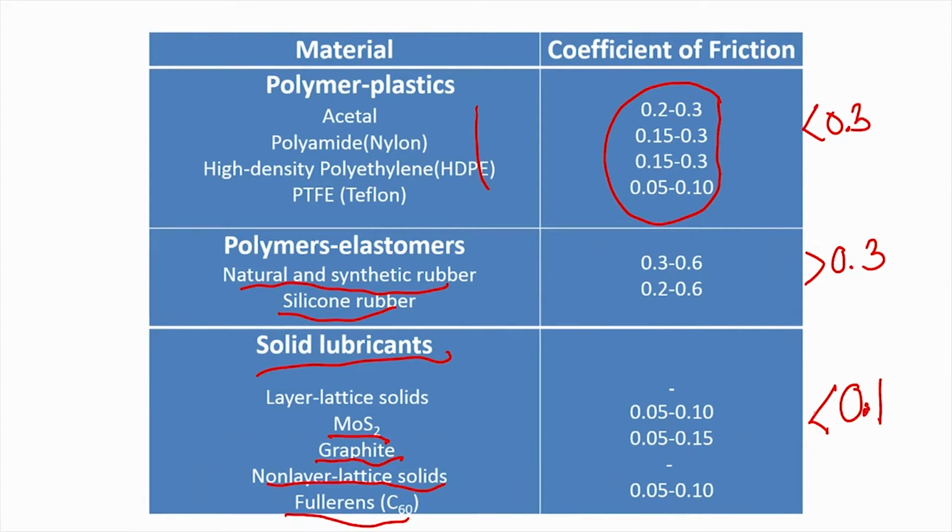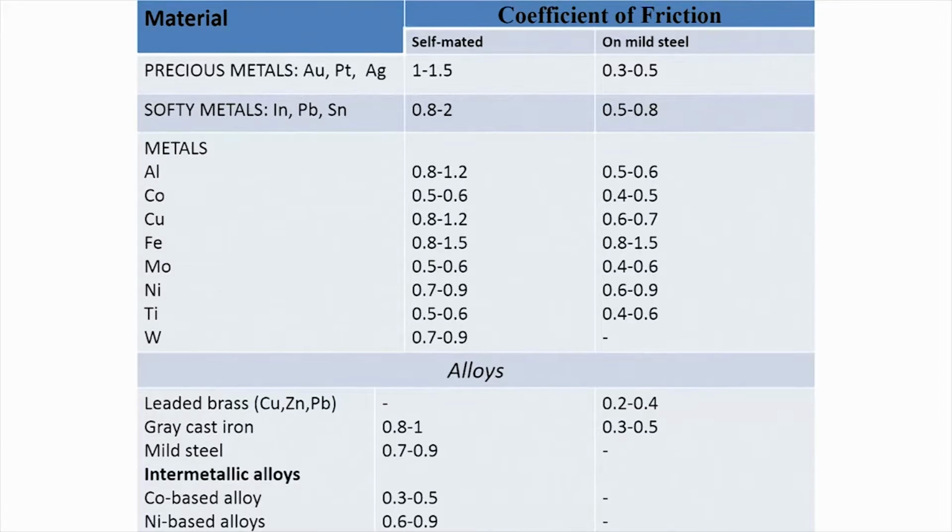On top of it, if you use lubricants together with solid lubricants, then the friction coefficient would be much less, even less than 0.01 or so. So, depending on the composition of the polymers, although their elastic modulus may be comparable, in some cases the coefficient of friction varies, but overall the coefficient of friction for polymers is certainly lower.